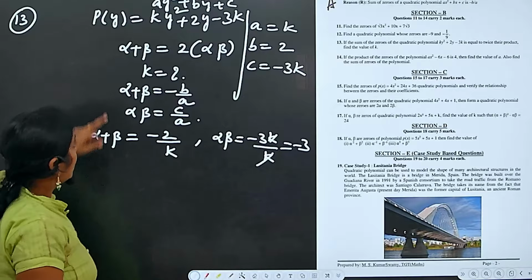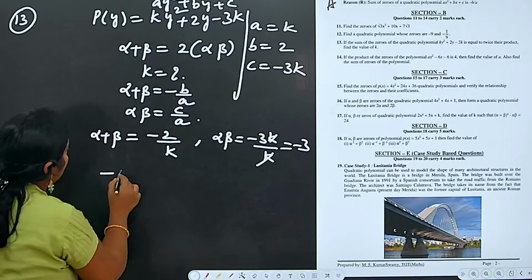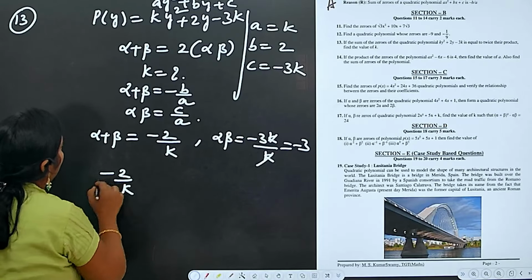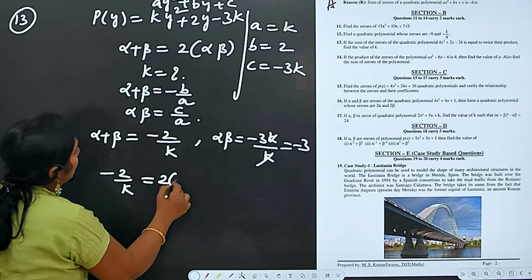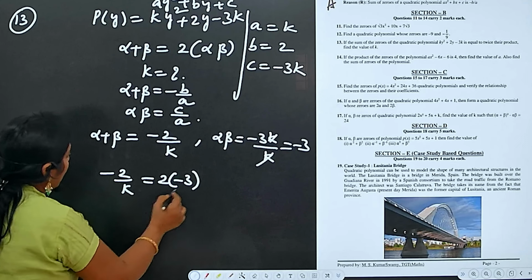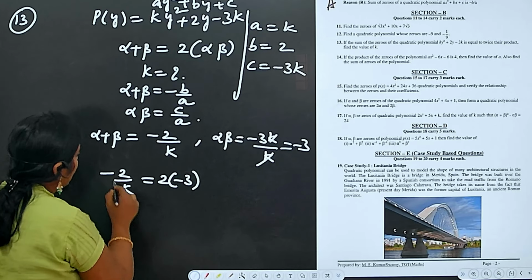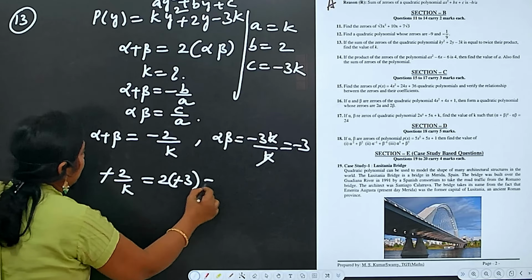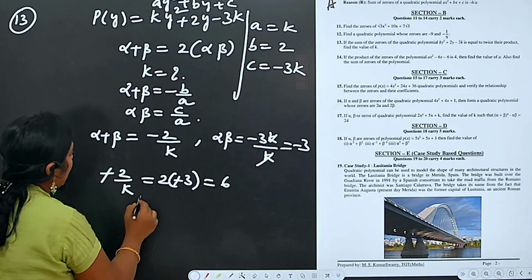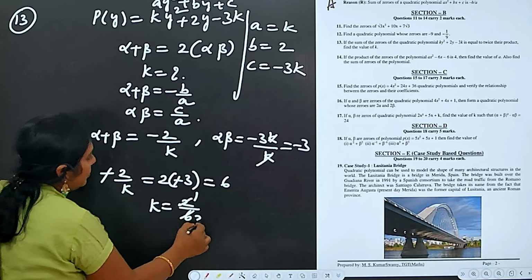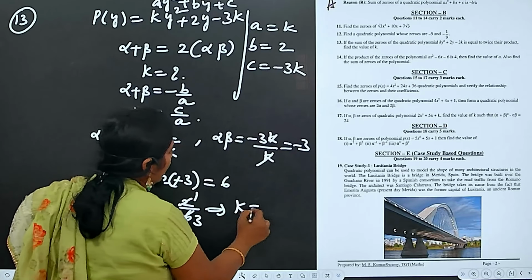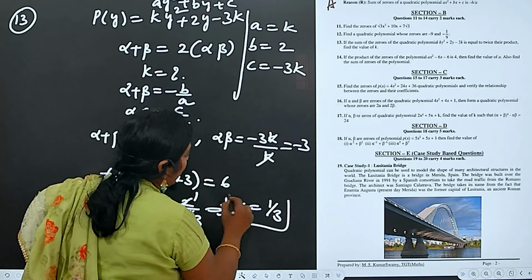Write in the relation: alpha plus beta is minus 2 over k equal to 2 into minus 3. Minus minus cancel, it is equal to 6. Cross multiply, k equal to 2 by 6. What is the k value? K equal to 1 by 3.